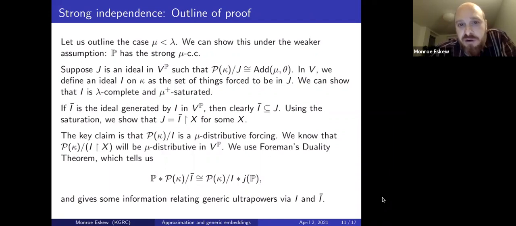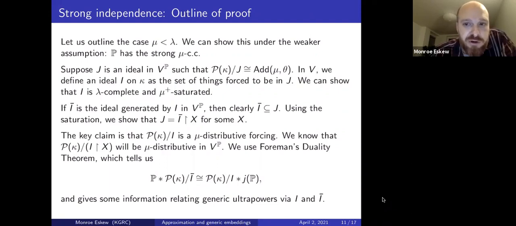And since I is the set of things forced to be in, more specifically, the things that are covered by members of I, that's all. And I bar, by a similar argument, since P has a very nice chain condition, I bar will be lambda complete and mu plus saturated. And by the definition, I bar is contained in J.